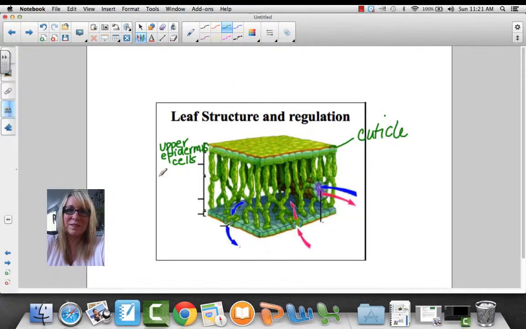Then we have the palisade mesophyll cells.